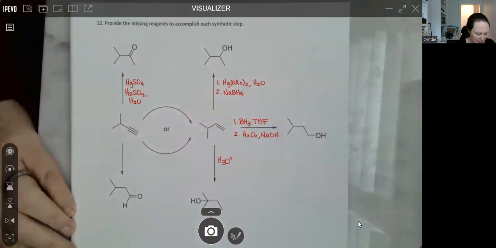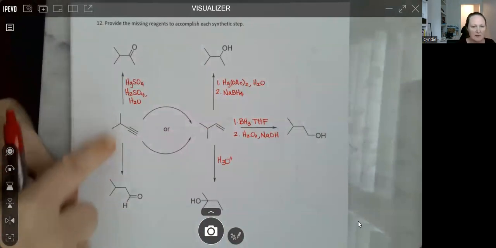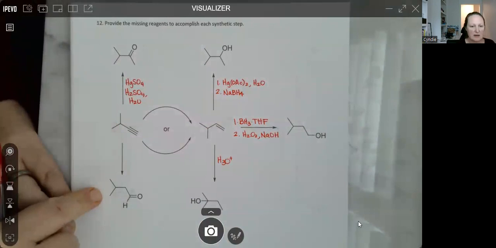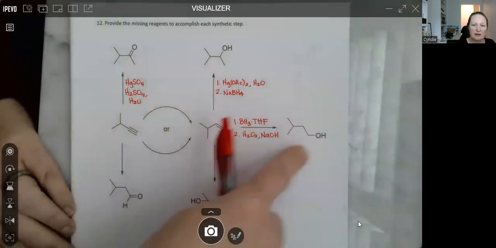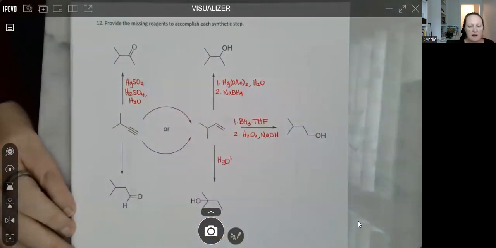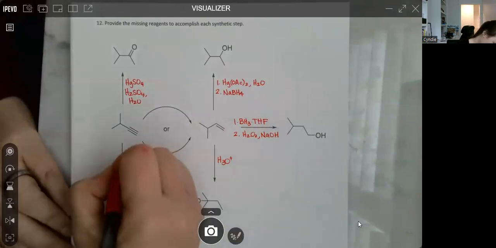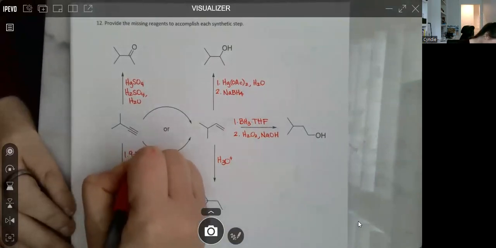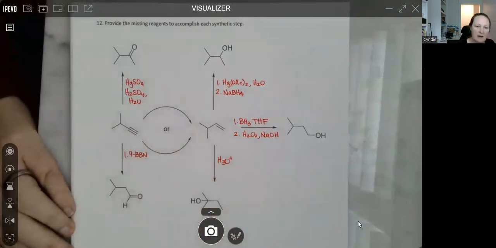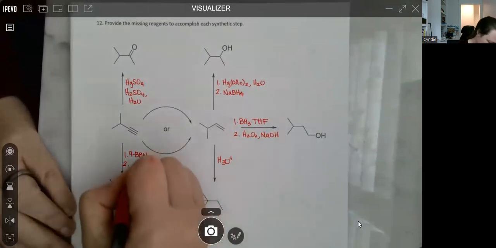And then if you wanted to get the anti-Markovnikov hydrate, which tautomerizes to an aldehyde, we want similar conditions to the anti-Markovnikov reaction from the alkene. The only difference is when we start with an alkyne, we use a bulky borane instead of BH3, which we would use with alkenes. So we would use 9-BBN instead of borane with the same second step.